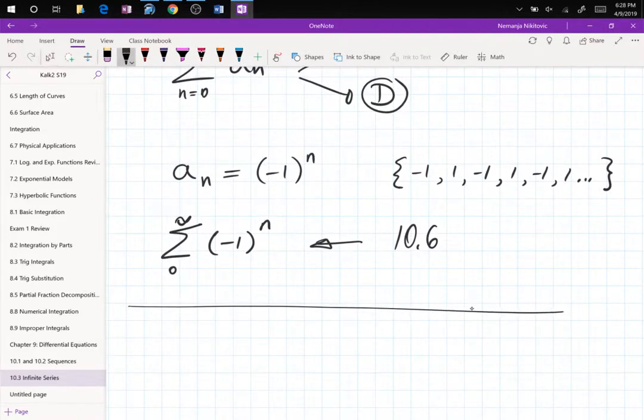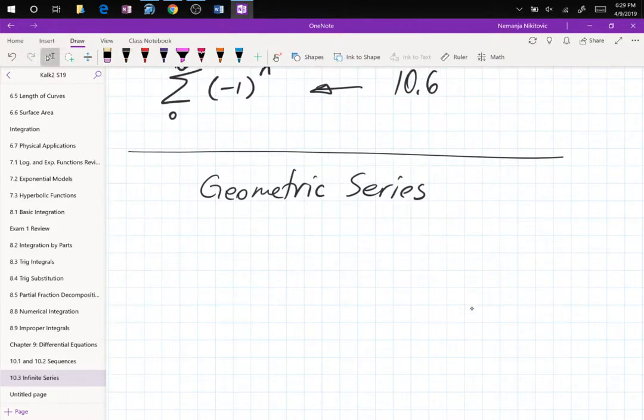So let's learn the first one, geometric series. If you studied sequences ever, you know probably that there are arithmetic sequences and geometric sequences.